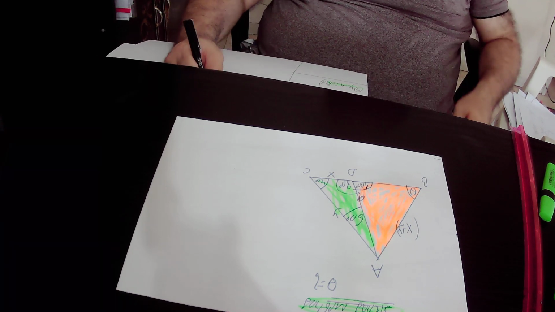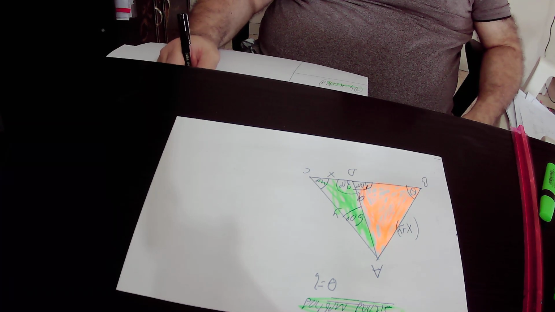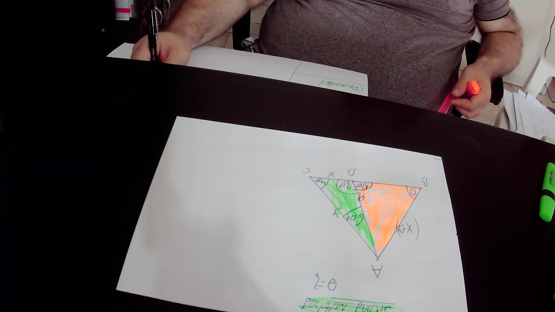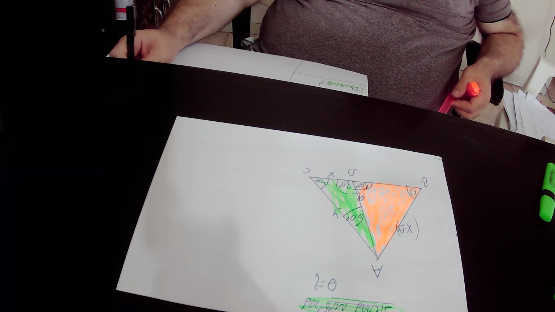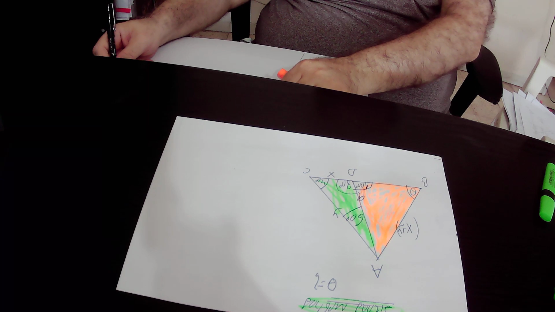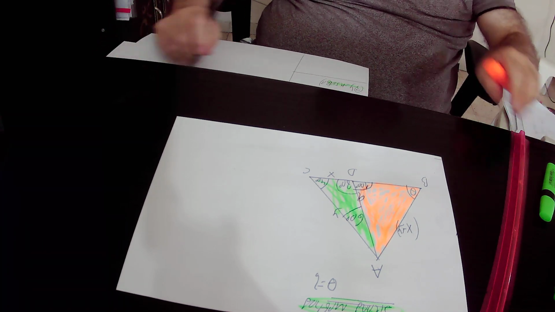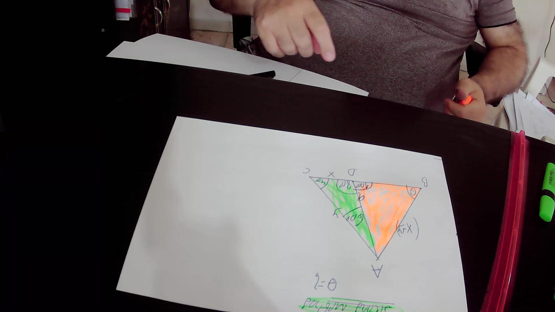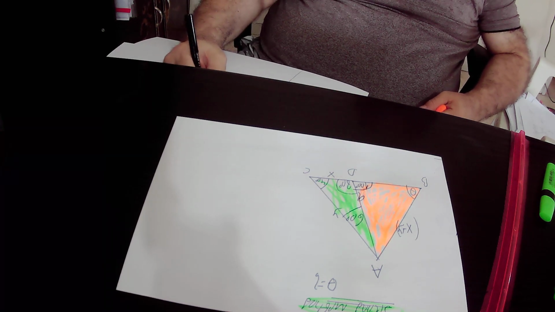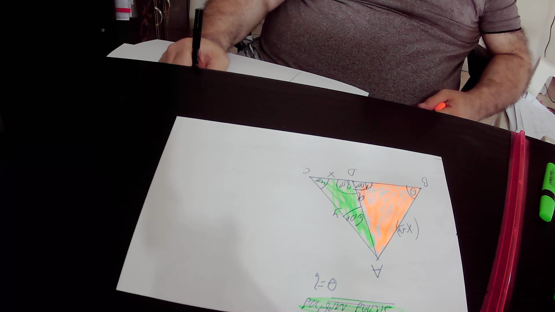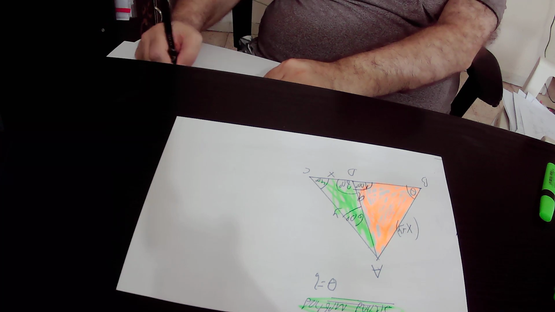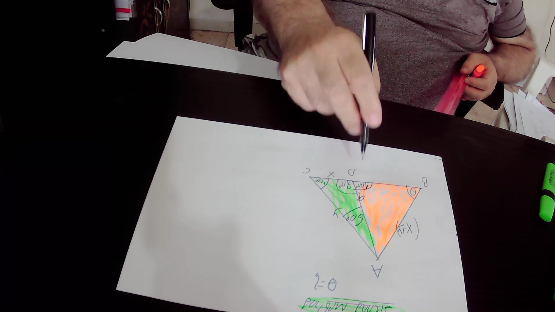So in the orange triangle ABD, according to the law of sines, here AD over sine theta must be equal to AB over sine 100 degrees.